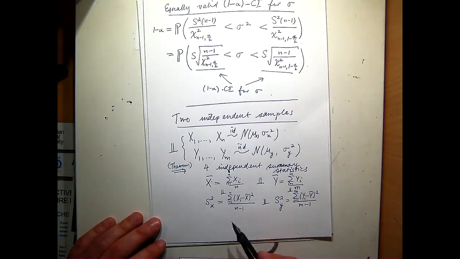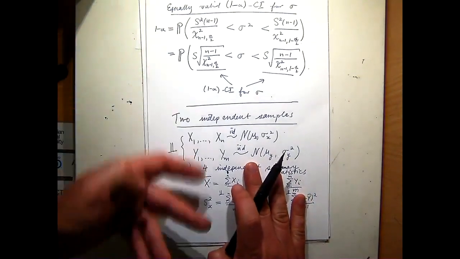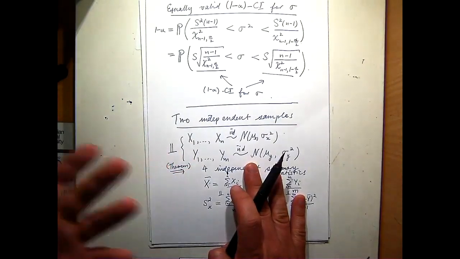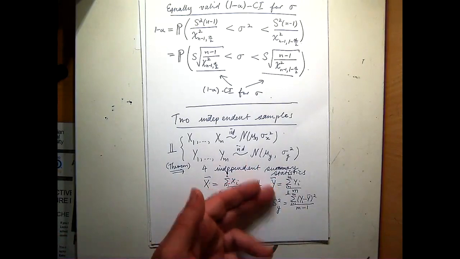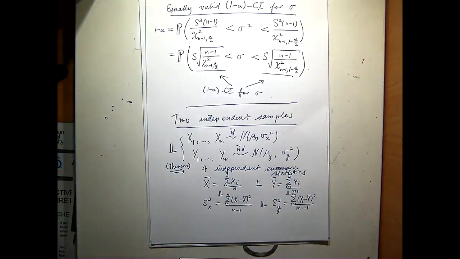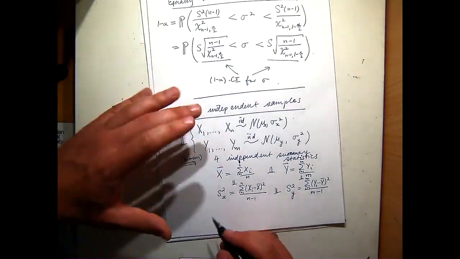So if it's just to do with the x's, we already know how to do it. We know about x bar minus mu divided by s over root n. If it's just to do with the y's, we know about y bar minus nu divided by s over root m. There's a few cases that we have to do.